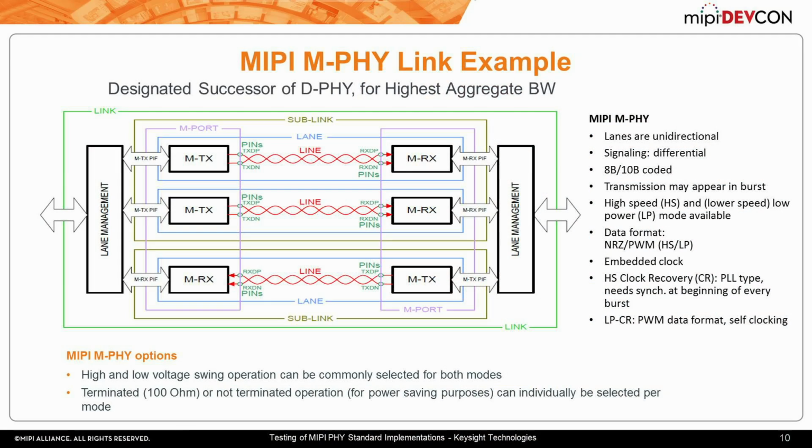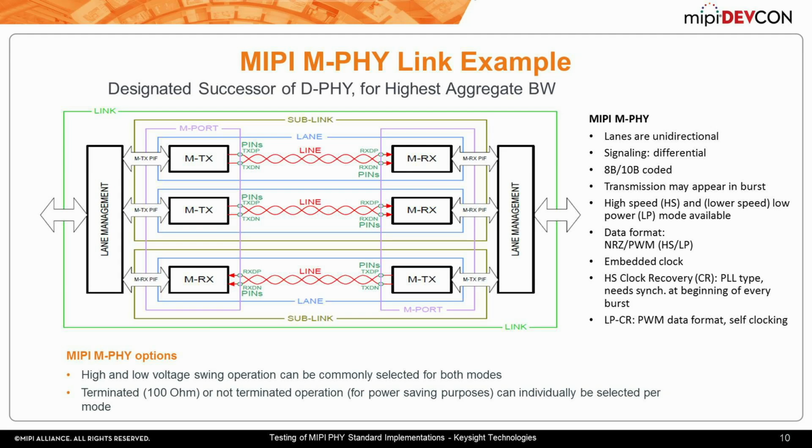All right, so if we look at an M-PHY example, M-PHY is a differential interface. So we have our M-PHY transmitter talking over a differential line to its receiver here.